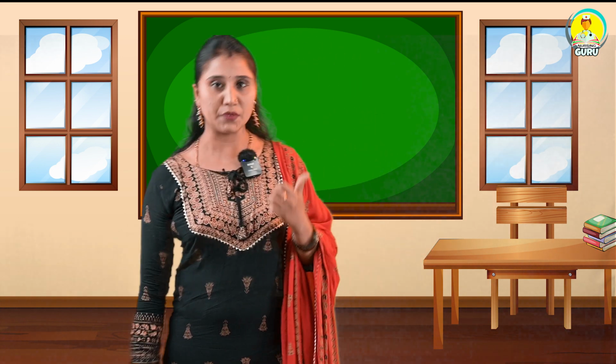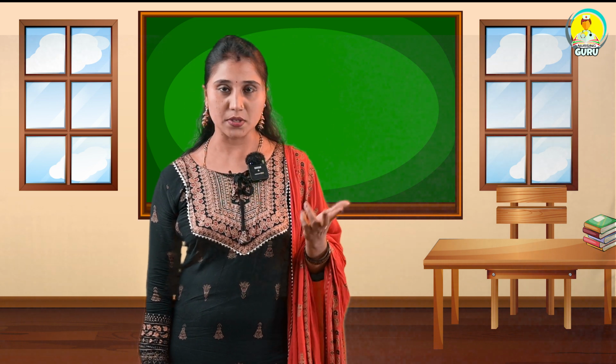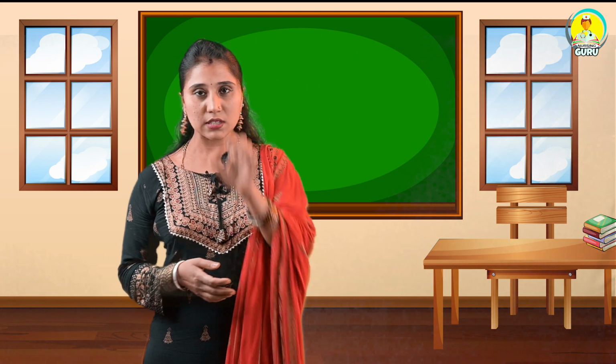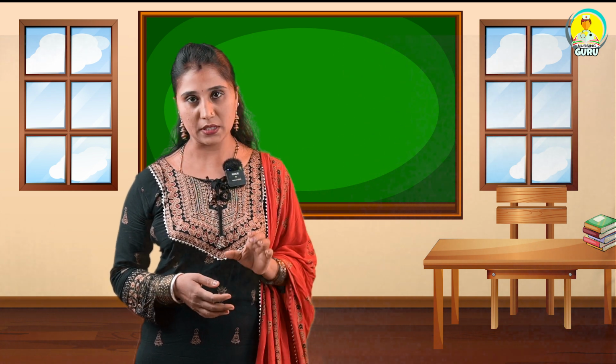Coming to the 5th week of development, the double heart chambers will be present. The heart starts beating and we can also see the development of limb buds. These all things occur in the 5th week of embryo development.